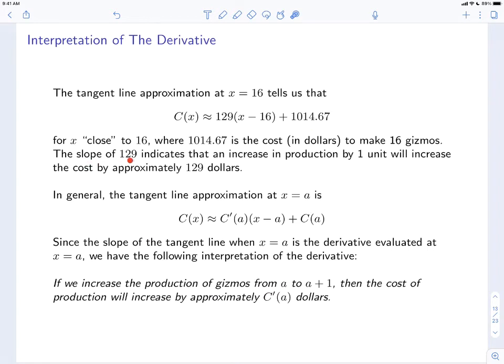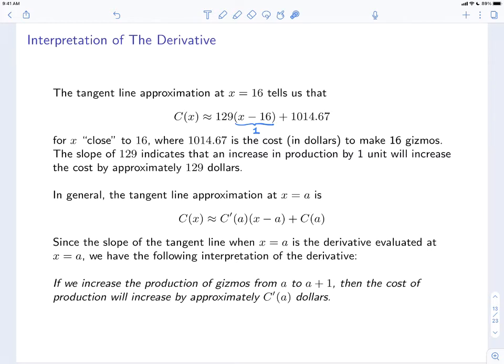So the slope of this line, 129, indicates that an increase in production by 1 unit will increase the cost by approximately $129. So if you just plug in x equals 17 here, then this quantity becomes 1. So we take the cost to produce 16 gizmos, and to that we add 129. So this 129 tells us the cost in producing one more gizmo.